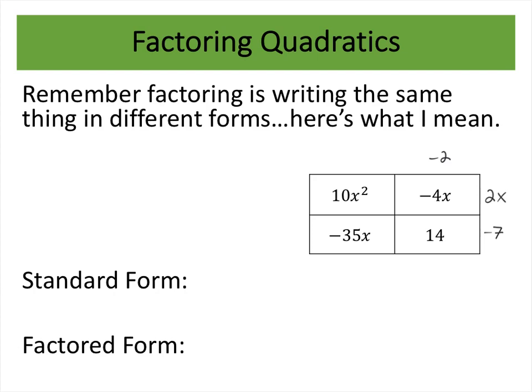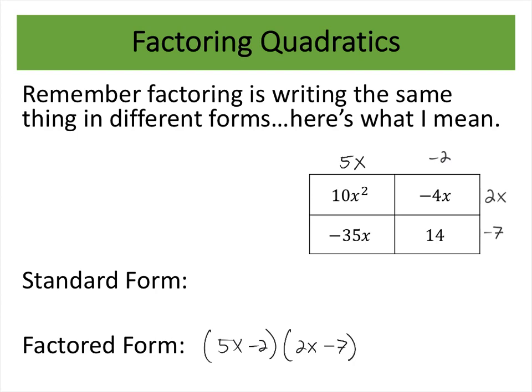-7 times something gives me -35, or maybe even easier, something times 2x is 10x squared. Well, that something's got to be 5x. So to write this in factored form, we would say, oh, it's 5x minus 2 times 2x minus 7.